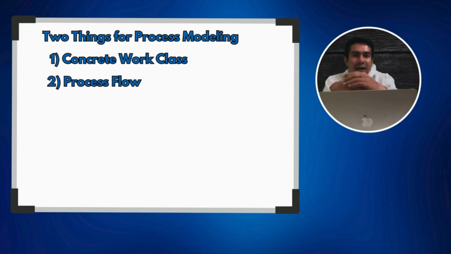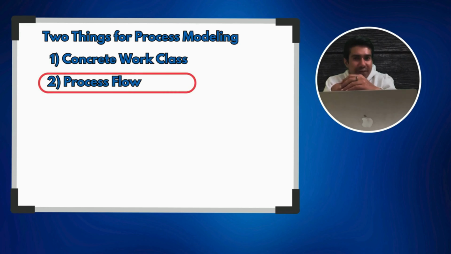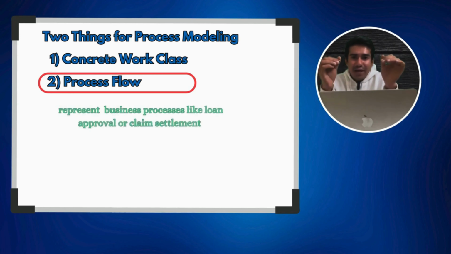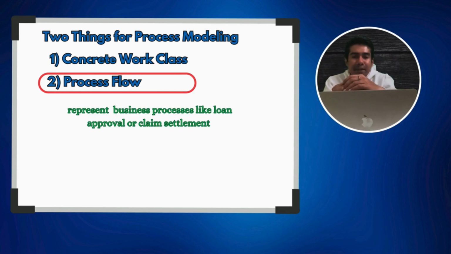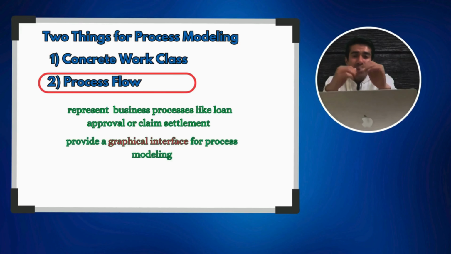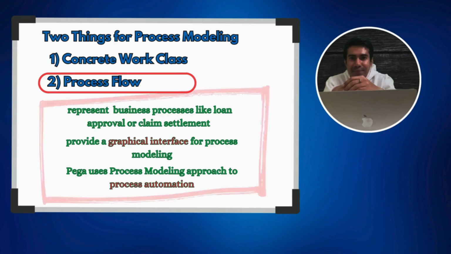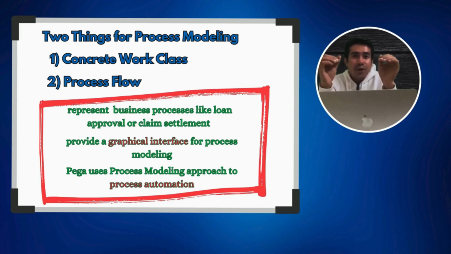Now what about process flows? Why do you need one? Process flows are used to represent business processes like the loan approval process in Pega. They let you model business processes intuitively using a graphical interface. You will see that in a minute. Alright, here is a quick recap.